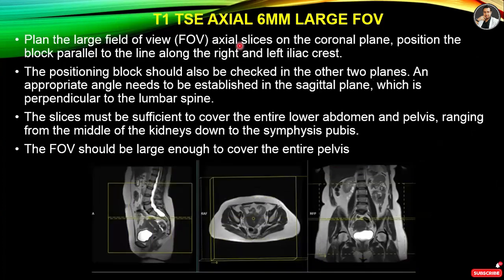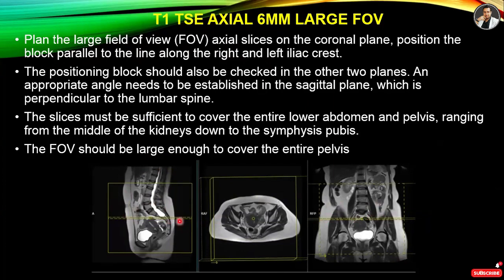Then T1, axial, 6 mm, large field of view. We will give this plan on the sagittal and coronal images. The left and right iliac crests should be parallel to the coronal images, and the sagittal images should be perpendicular to the lumbar spine.